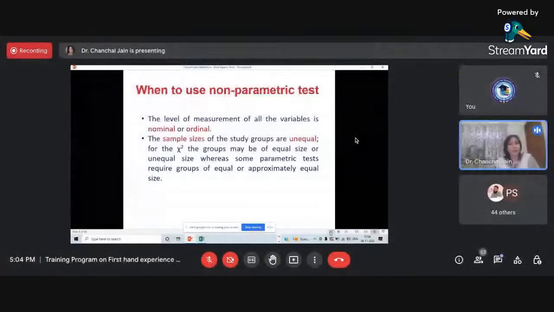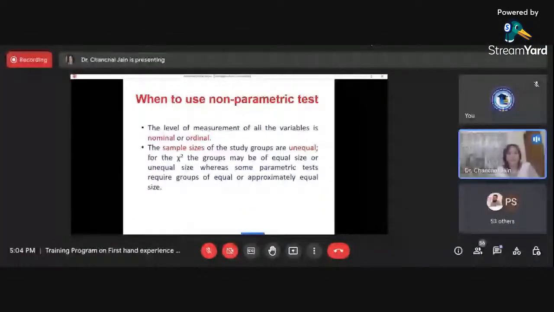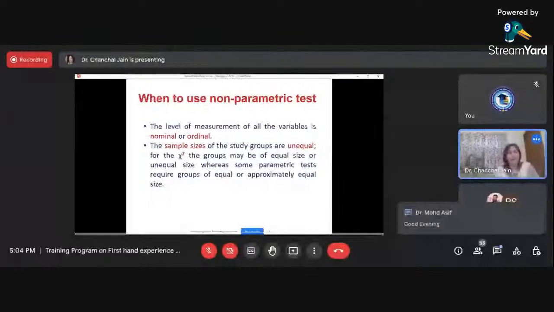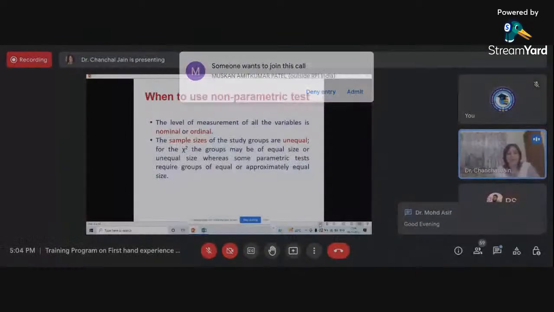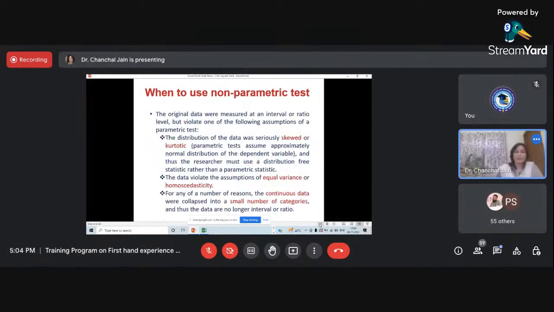If we have certain levels in a particular variable, generally the same group size should be there. But the non-parametric test is robust against this assumption. Even when we have groups with unequal sizes, we can go for the chi-square test.